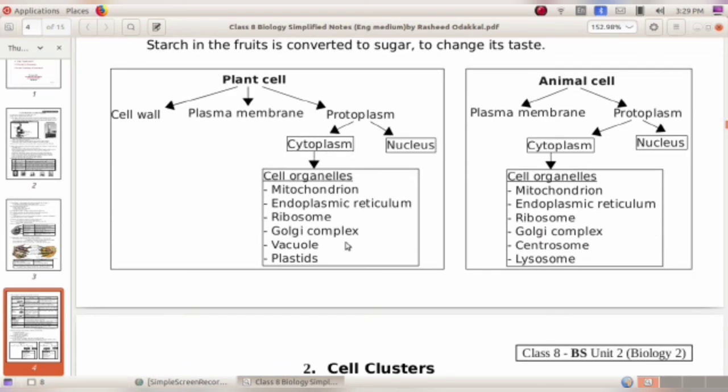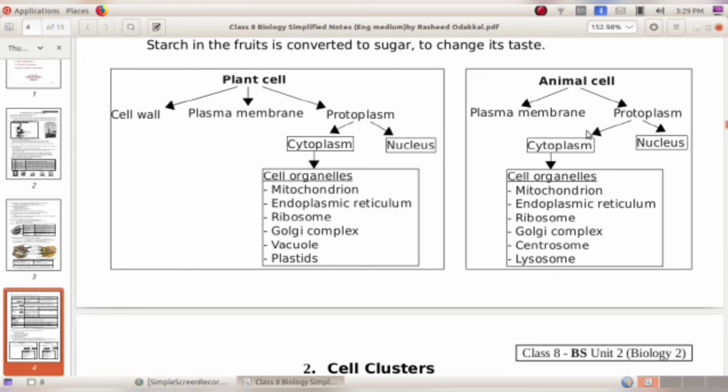This is a flow chart of plant cell and animal cell. Plant cell contains cell wall, plasma membrane and protoplasm. Protoplasm can be divided into cytoplasm and nucleus. Cytoplasm contains cell organelles: mitochondrion, endoplasmic reticulum, ribosome, Golgi complex, vacuoles and plastids. And in animal cell there is no cell wall.